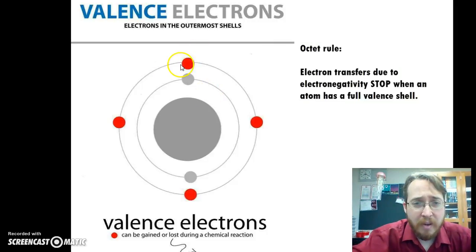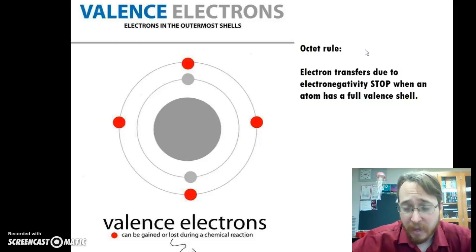so as we said again, valence is the outermost shell of electrons, or your outermost electrons. Here's the big deal with valence electrons and electronegativity. It's the Octet Rule. We said earlier that atoms with a high electronegativity can steal electrons from atoms with a low electronegativity. Well, that will continue.